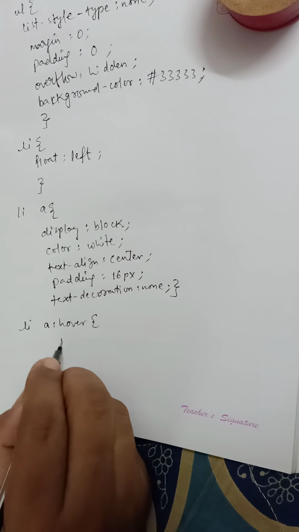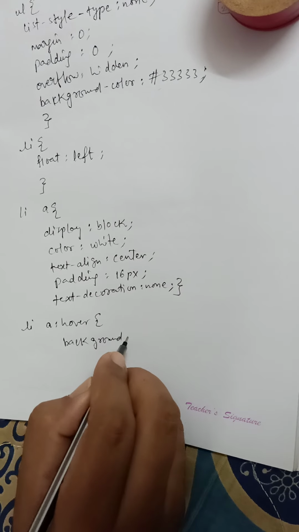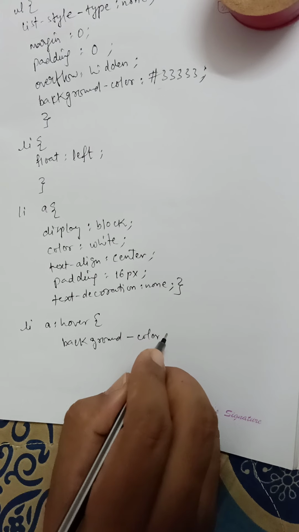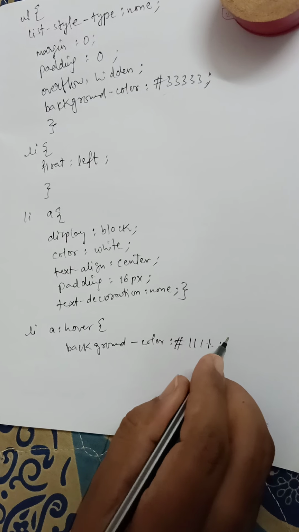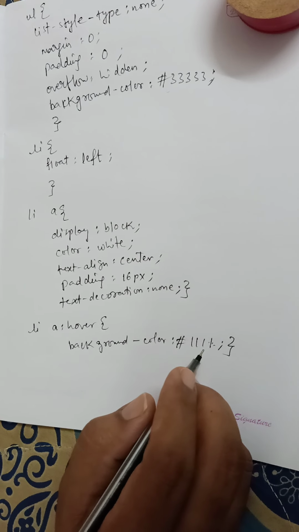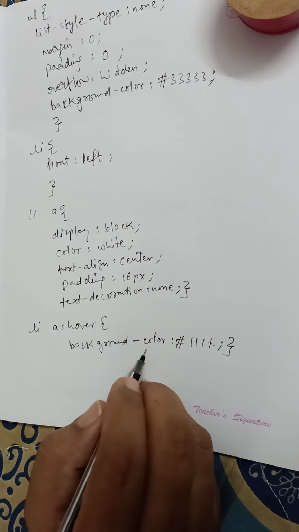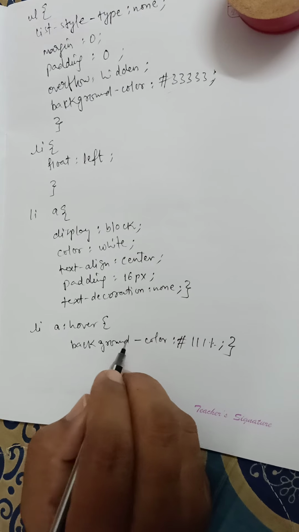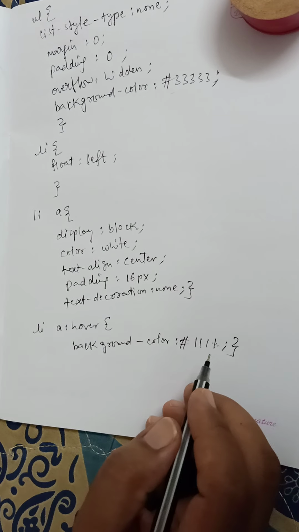So on hover I can mention the background color, any color name. So here what will happen is whenever you take your mouse to any list item, its background color will change.